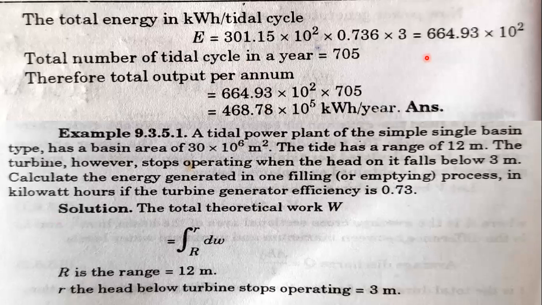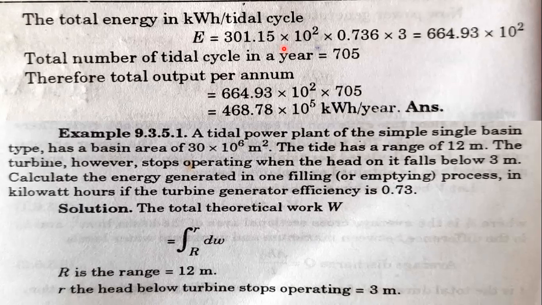What is the formula of E here? E is given as Q rho H by 75 into eta naught HP into 0.736 into number of hours, 3 hours T. So we will get the energy here.